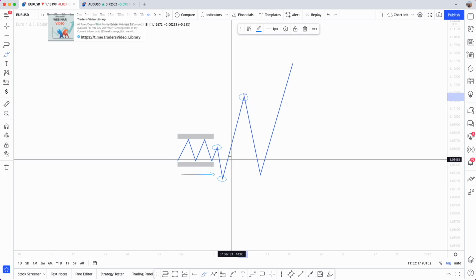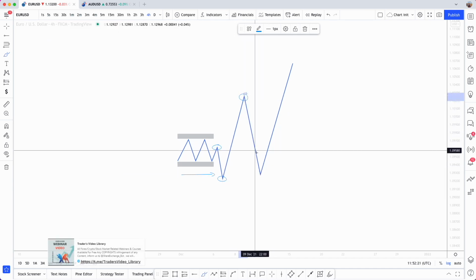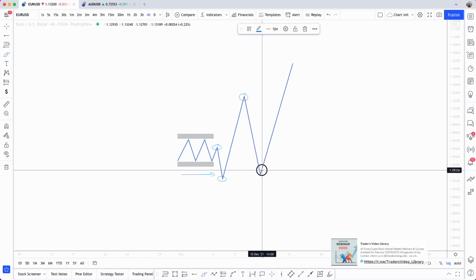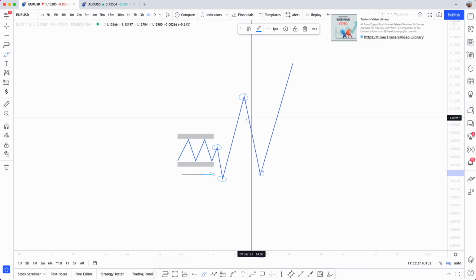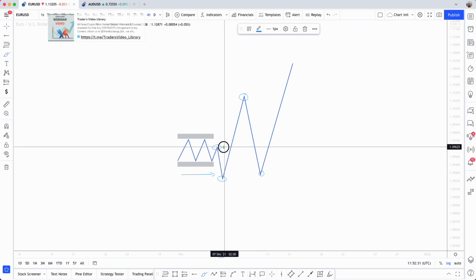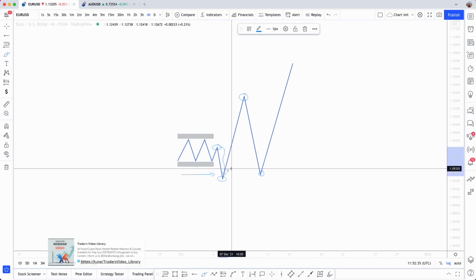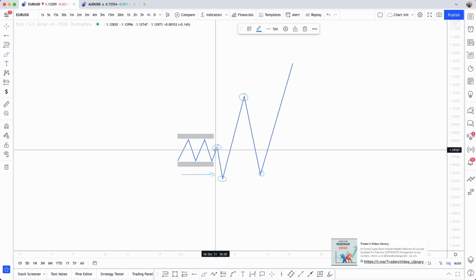Now the interesting part is why this retrace actually happens, because this is where we are going to be entering. For this to happen, institutions and banks need to sacrifice a position to trade this down. Essentially, they need to place a sell order to sell all this down to grab that liquidity.